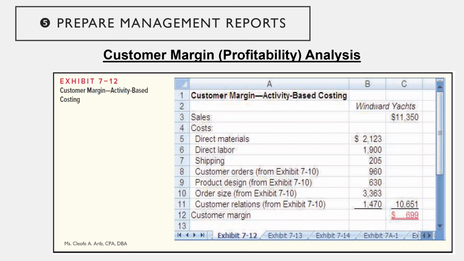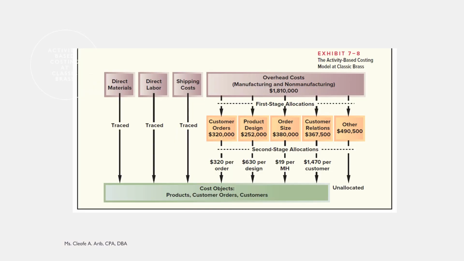So that you can cultivate good relationships with your most profitable customers while at the same time taking steps to reduce the negative impact of unprofitable customers. So, as a summary of those 5 steps, we can see here in Exhibit 7-8 the activity-based costing model at Classic Brass.